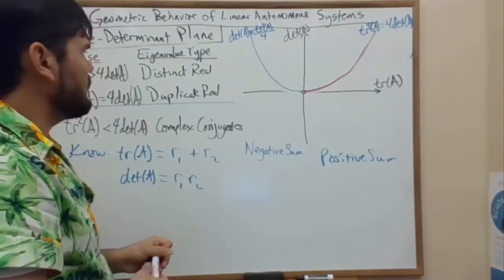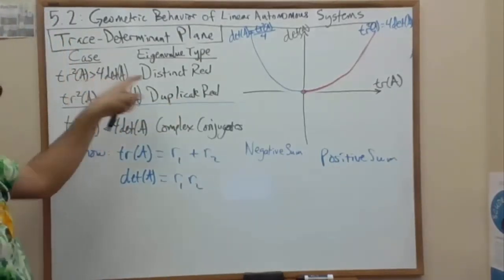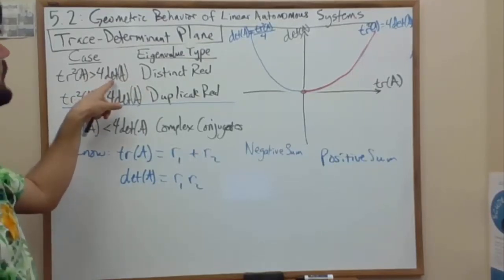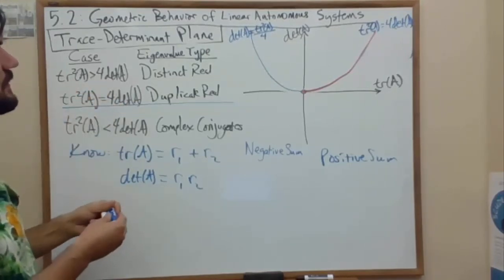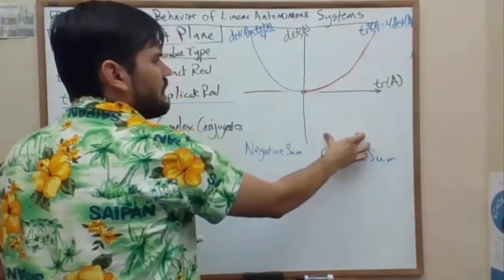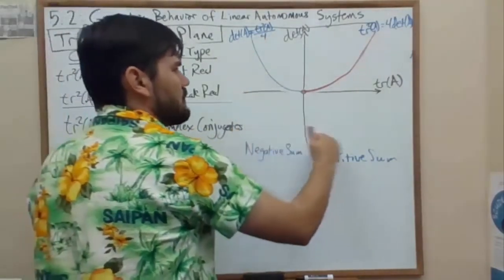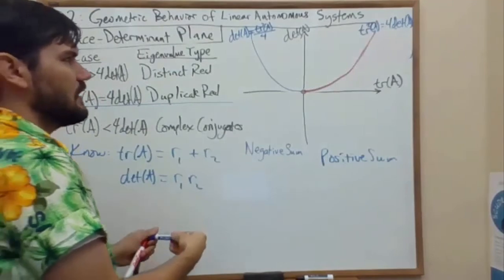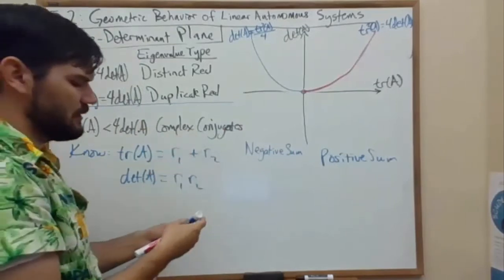Then we have the distinct real roots. This is where the trace squared is greater than 4 times the determinant of A, or the determinant of A is less than a quarter of the trace squared. So the distinct real roots are down here. So this is where we have real solutions down the bottom, which makes the inside piece or upper piece the non-real complex conjugates.